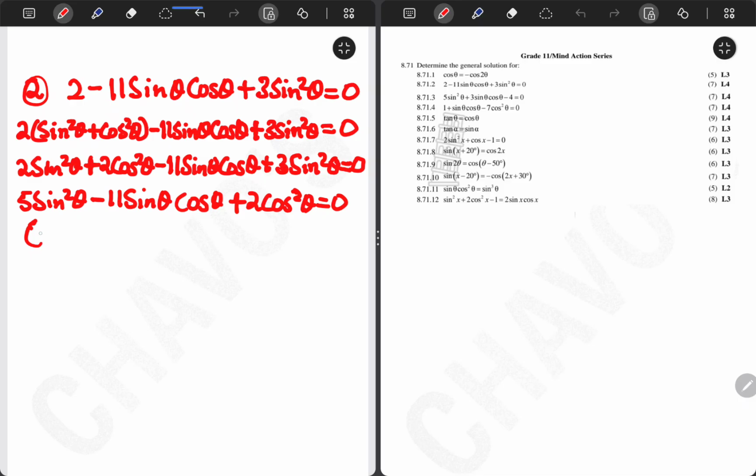We can use 5 sine theta minus cos, and sine theta minus 2 cos.